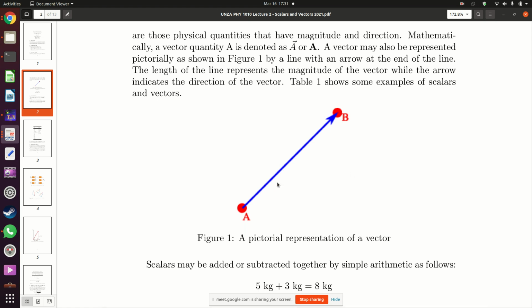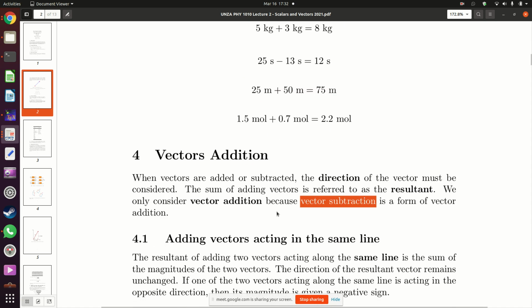That's what minus is in vectors. It is a vector which is equal in size but points opposite to the vector you have been given. That vector is going to be a minus vector. So vector subtraction basically is a form of vector addition, as we're going to see.